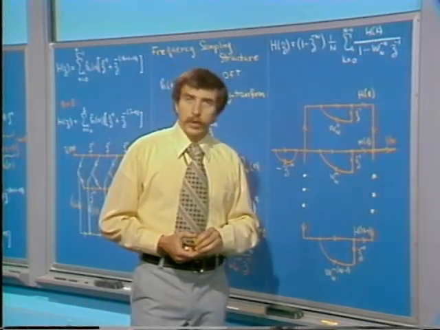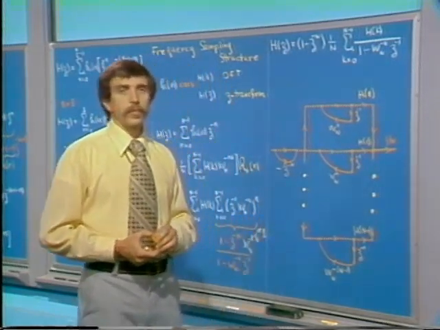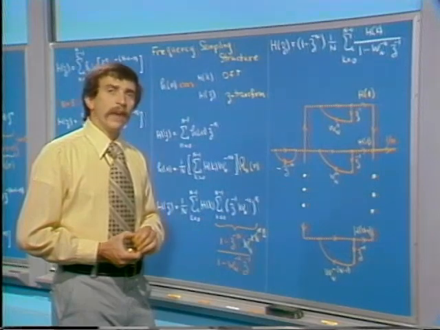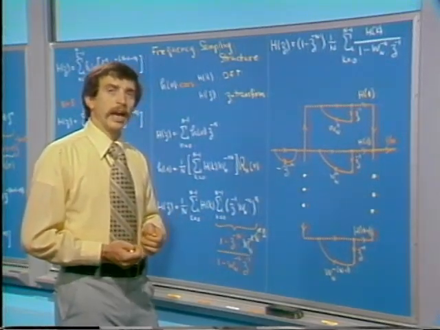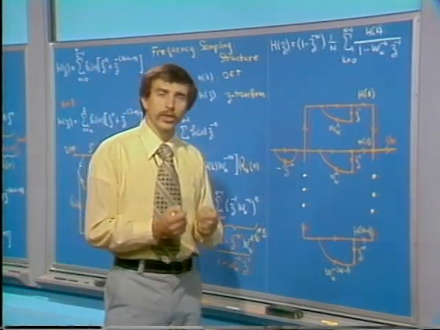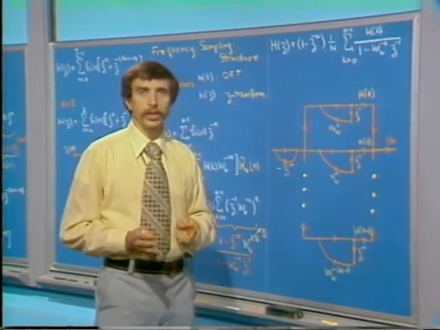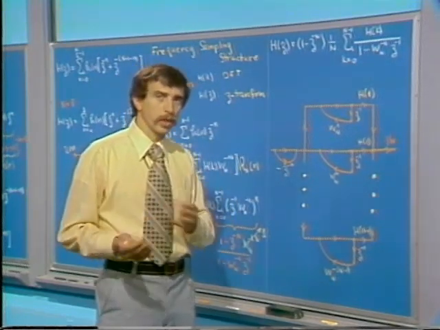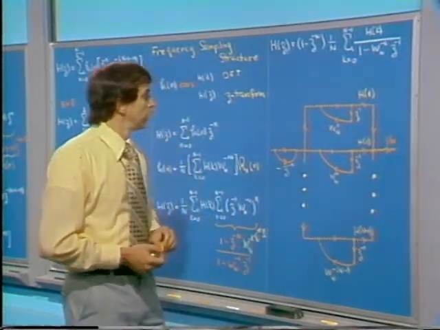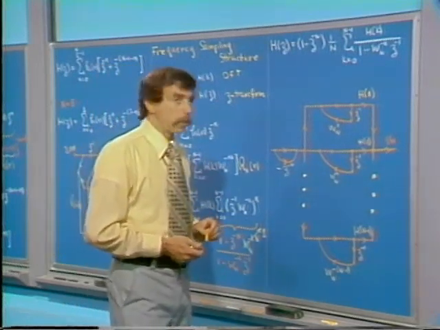Another advantage to a frequency sampling structure is the fact that it is basically a parallel form structure, and that can be exploited in terms of implementation of a large number of filters or in terms of the implementation of a filter bank. Let me state more specifically what I mean by that.